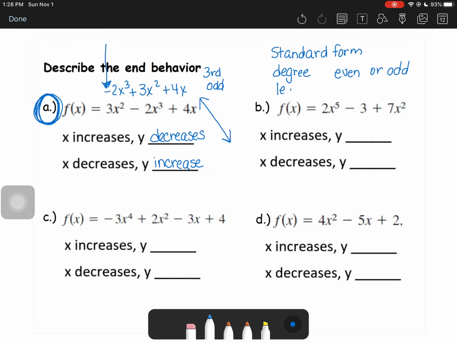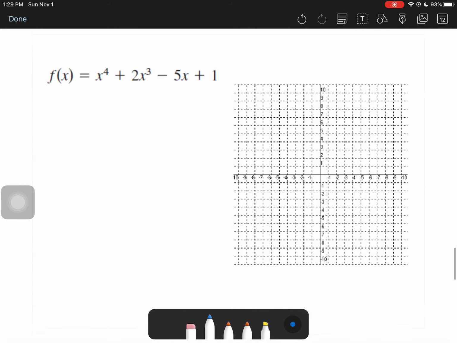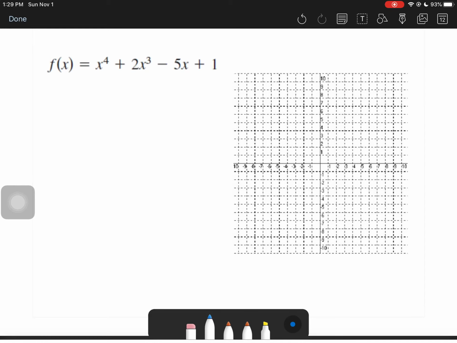Is the leading coefficient positive or negative? Make a quick sketch, and then you'll easily be able to tell if the x is increasing, then what's happening to the y, and as the x decreases, what's happening to the y. Please finish B, C, and D as your practice problems. After you have finished those, we'll move on to the next.